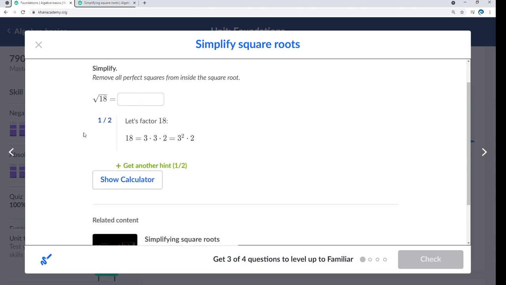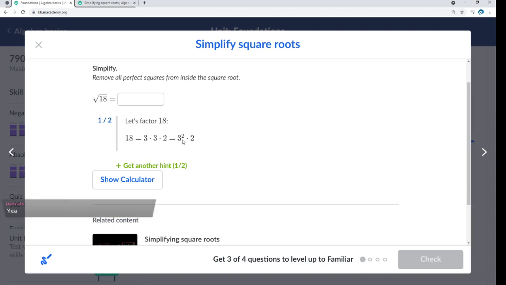Remove all the perfect squares from inside. I don't know what it means by that. Well, maybe what it means is that this is the perfect square. So in order to arrive at the square root of 18, you need 3 to the second power times 2.